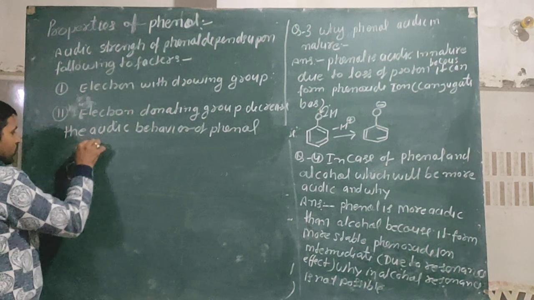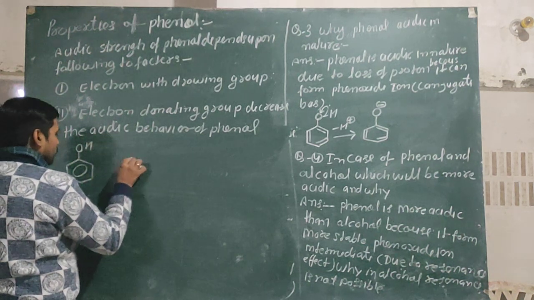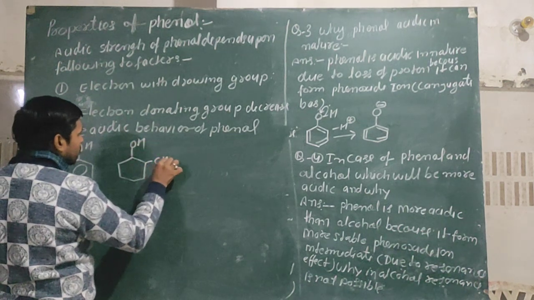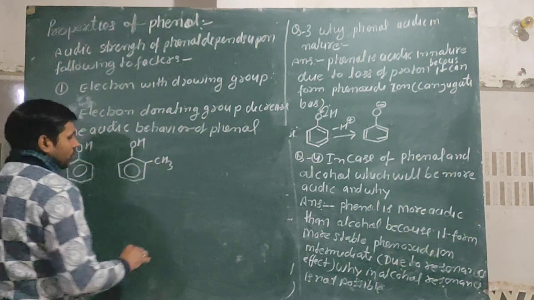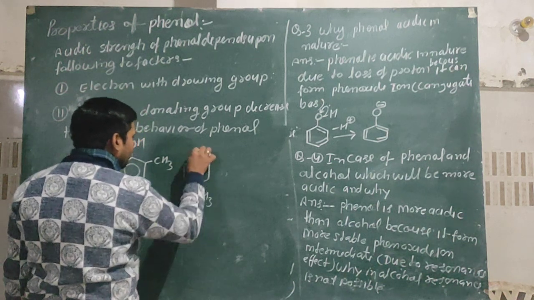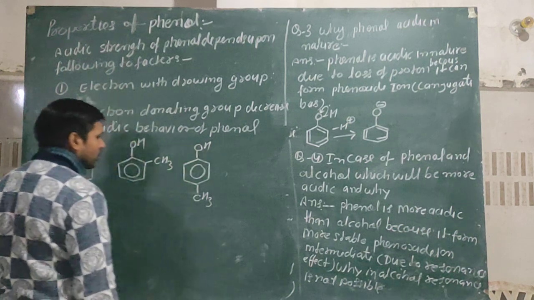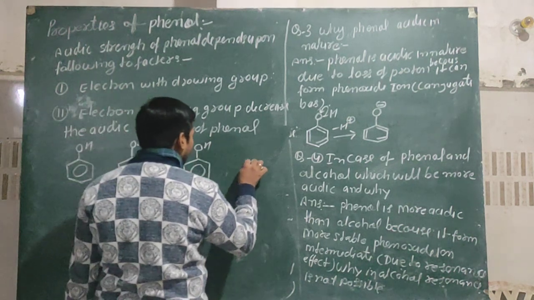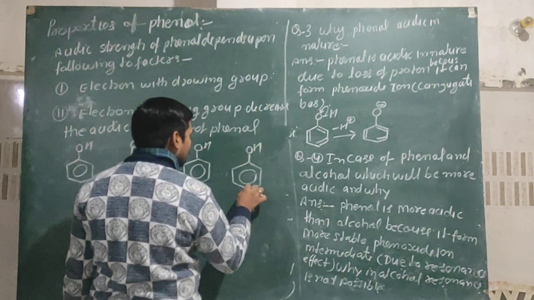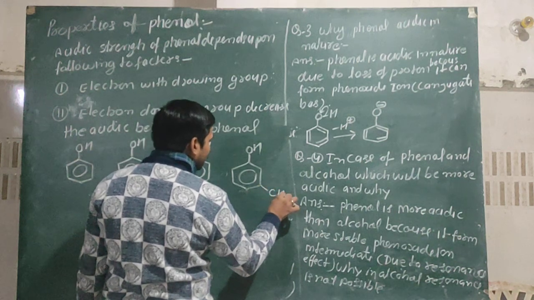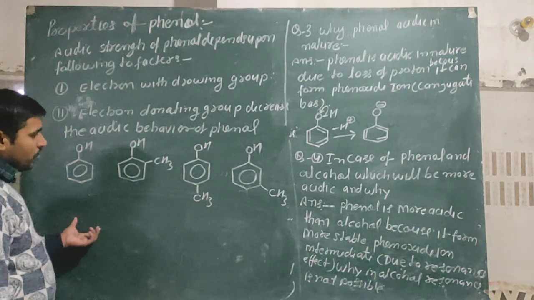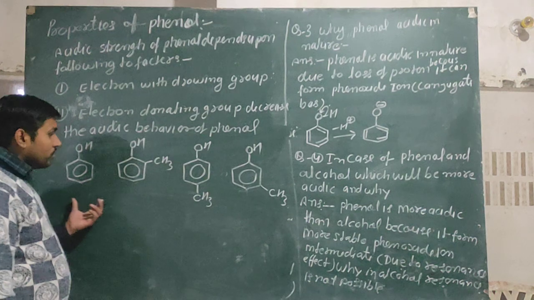if there is phenol, there is CH3, orthocresol, and there is CH3, then it is known as paracresol, and if there is OH and CH3 is attached toward the meta position, then the acidic behavior of phenol decreases.